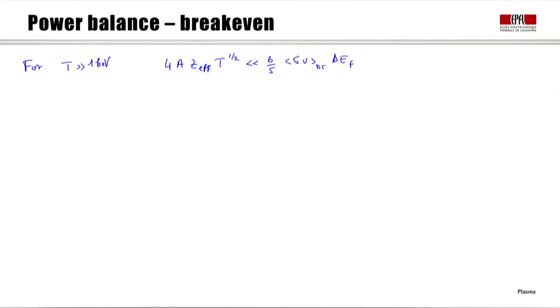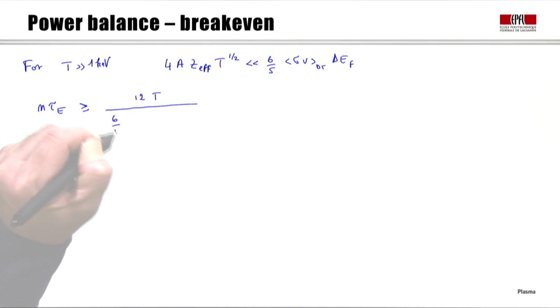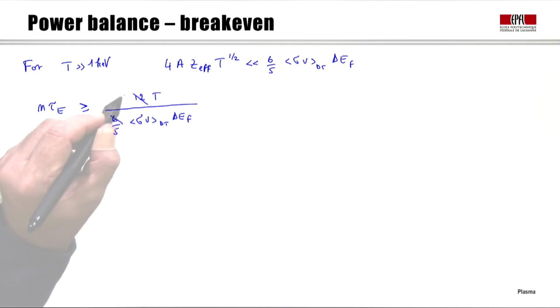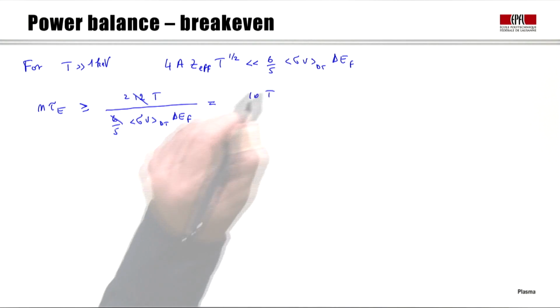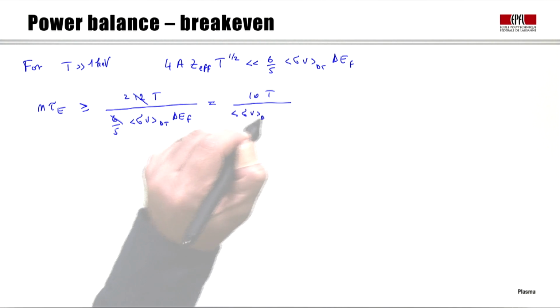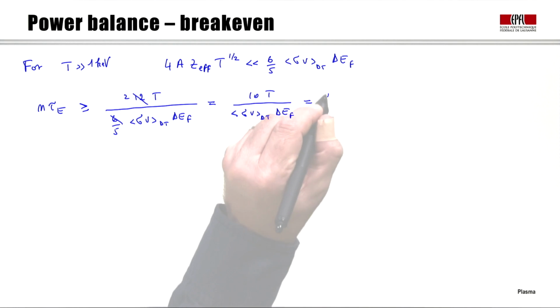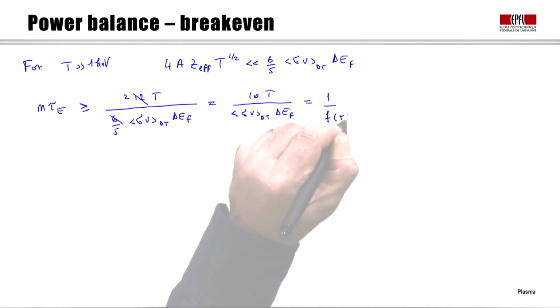So we can neglect it altogether and write N times tau E equal or larger than 12T divided by the usual fusion power production term. You can simplify this expression and come up with a very simple expression that is 10 times the temperature divided by sigma V times the energy of a single reaction. We can call this 1 over F of T.